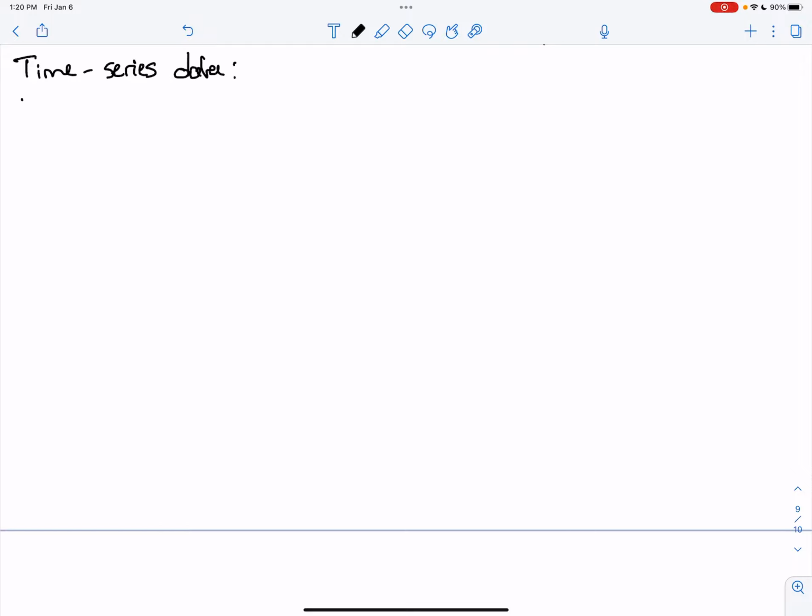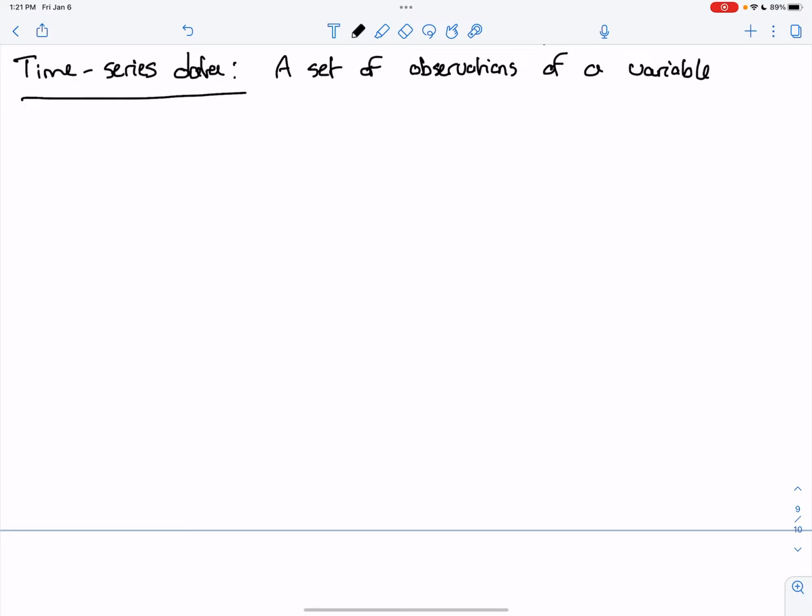Time series data are a set of observations of a variable, so it's still of one variable, but this time that variable is being measured across time. Okay, so the observations of a variable made at successive periods of time.